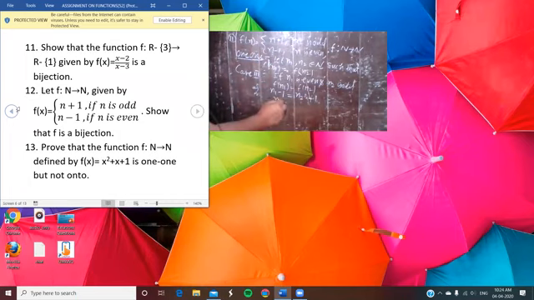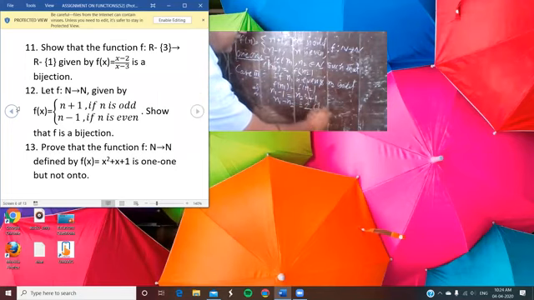So from here you have n1 minus n2 is equal to 2. That is impossible, because the difference of any even number and odd number can never be 2. So here you write impossible.